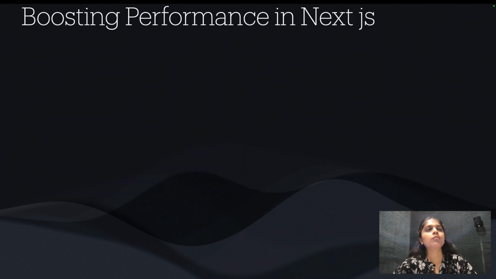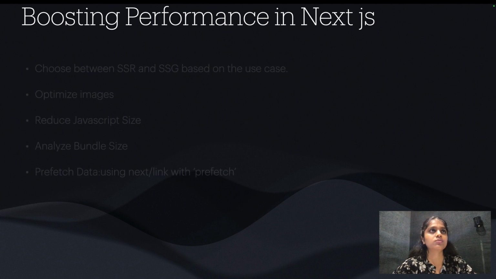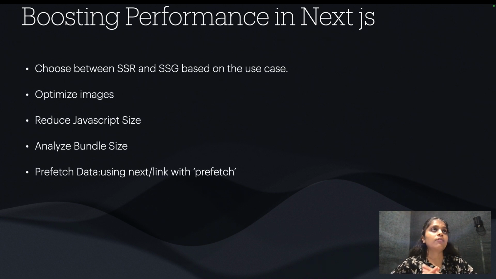Now I'll talk about the gist of the performance techniques we can use to get very good performance. It's about choosing techniques based on the use case, SSR and SSG, based on our use case. Next one is image optimization.